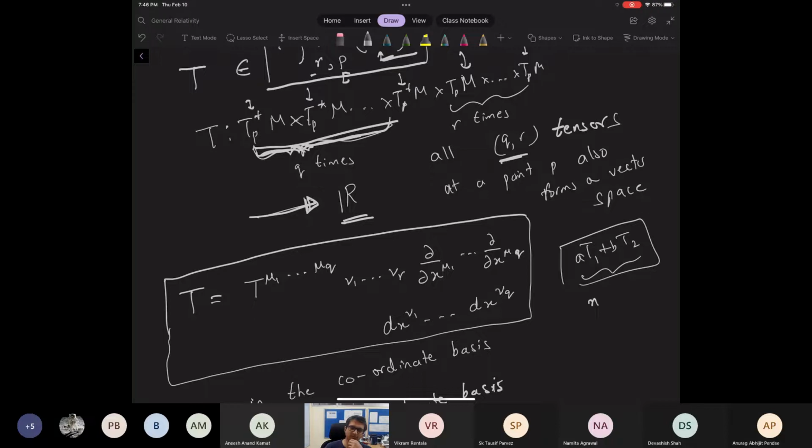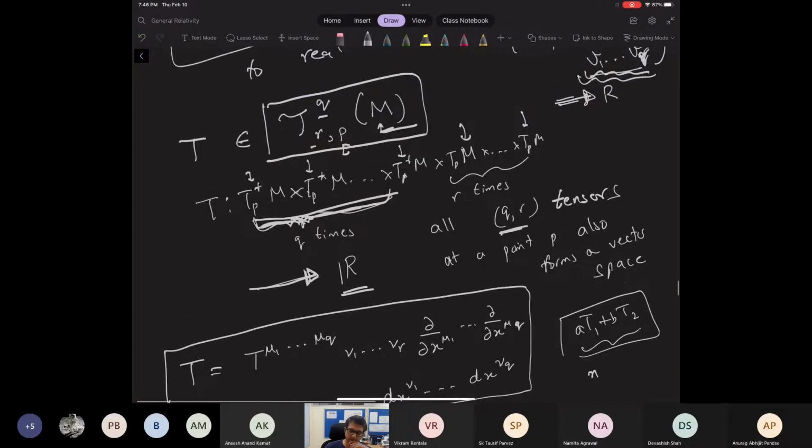Can any of you guess? What is the dimension of this vector space? Q plus R. N times Q plus R, where n is the dimension of the manifold. Any other guesses?